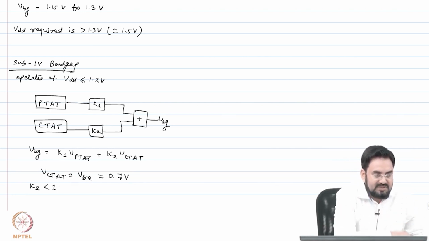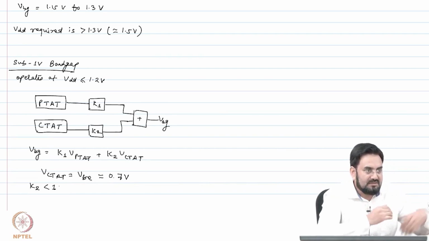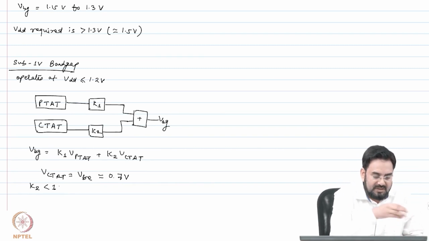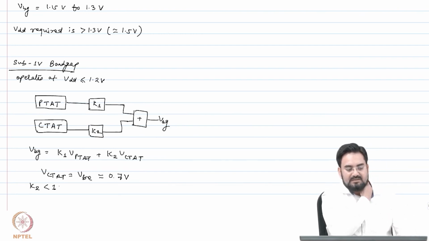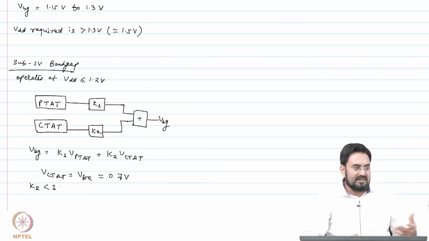The most important thing is choosing the K2. Then you choose K1 accordingly, because you want to match the slope. Now, K1 will be determined by the slope of your CTAT. So, you can design it for any voltage, accordingly you choose K1, K2.